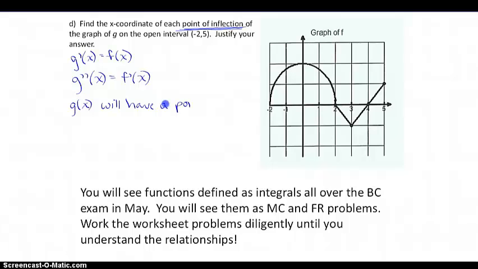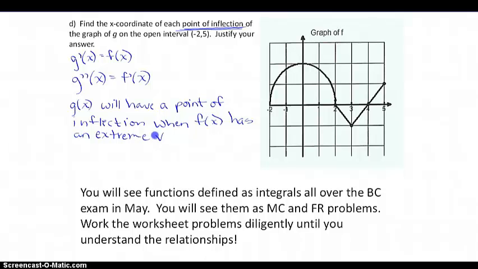So g of x will have a point of inflection when f of x has an extreme value. We did an example before on the last set of videos where we used the slope for a justification.